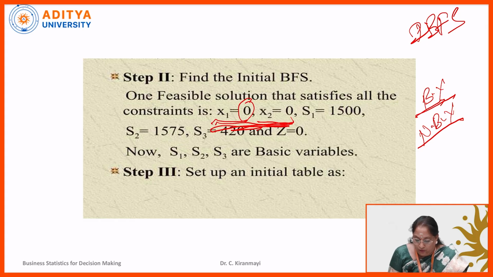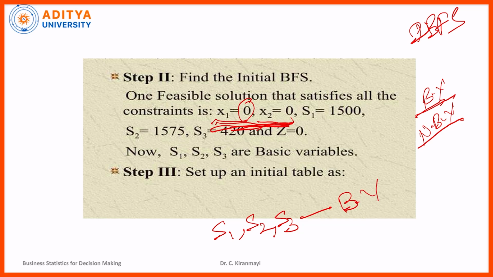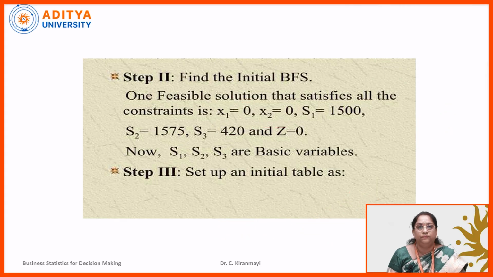Therefore s1, s2, s3 have non-zero values at the corner point, so these are called basic variables, and x1, x2 are zeros, so these are called non-basic variables. This is how we first find the initial basic feasible solution.